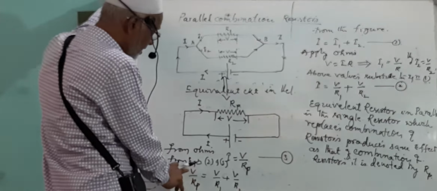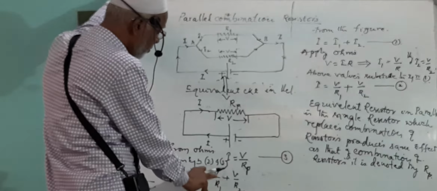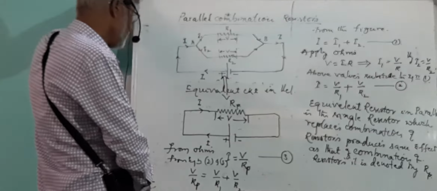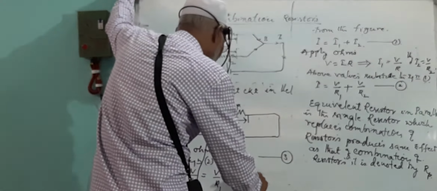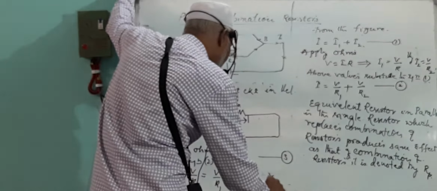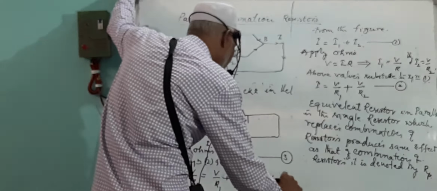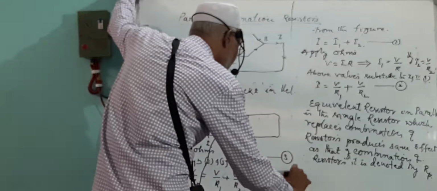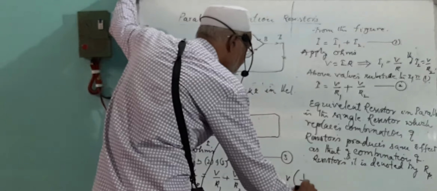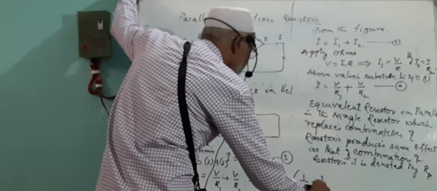I get the left hand side V upon Rp, which is equal to V divided by R1 plus V divided by R2. This expression can be simplified further. On the right hand side you can take V outside, so what is left is 1 upon R1 plus 1 upon R2.